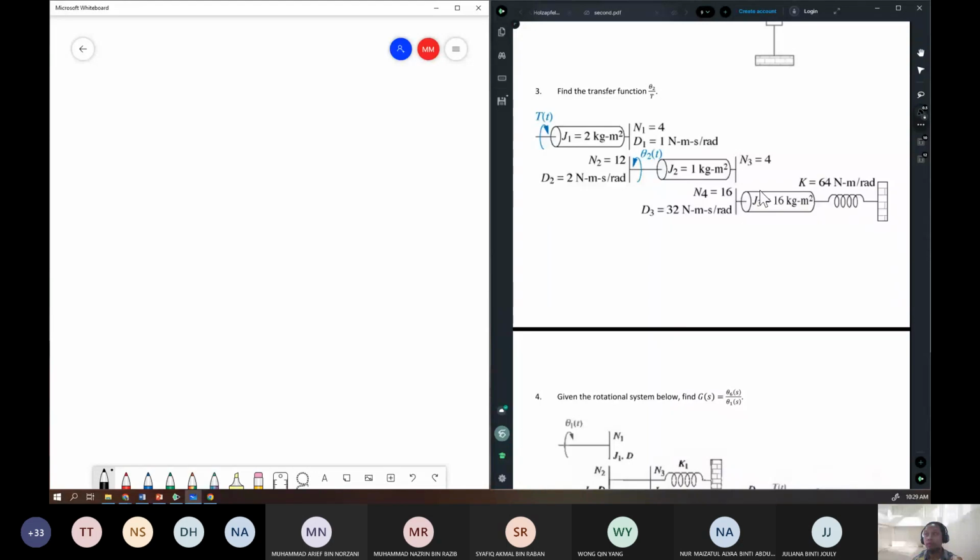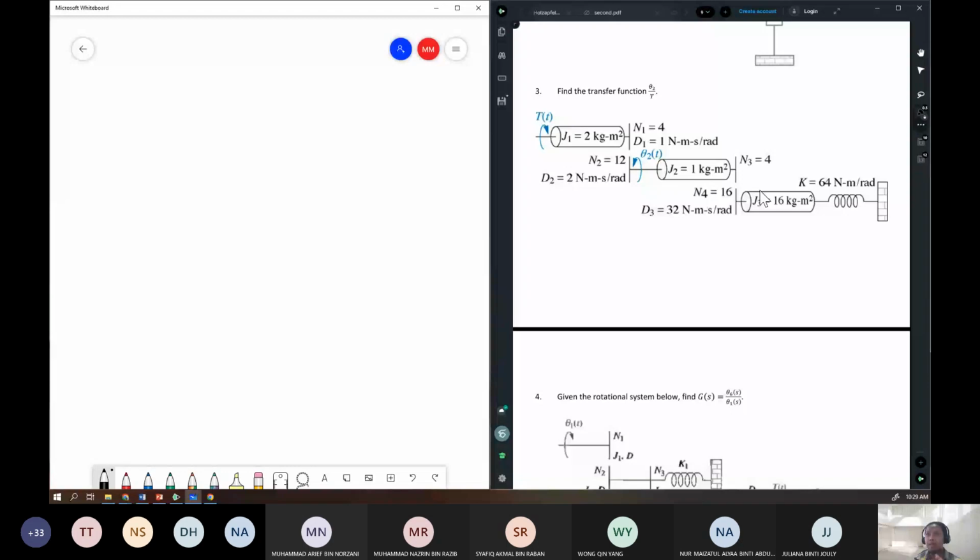So for this kind of problem, you can perform impedance transfer as what we have learned on Monday. So another thing to consider before performing the impedance transfer is to determine which one is your destination and which one is the source. Okay, so you need to choose.